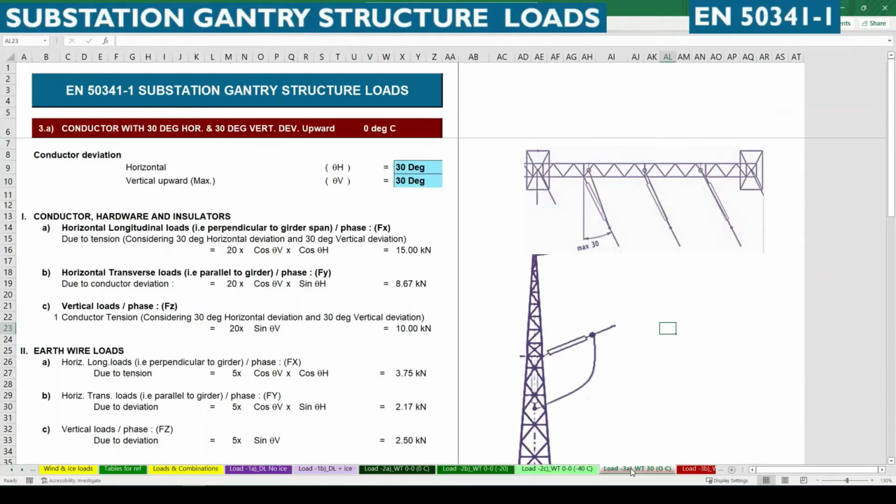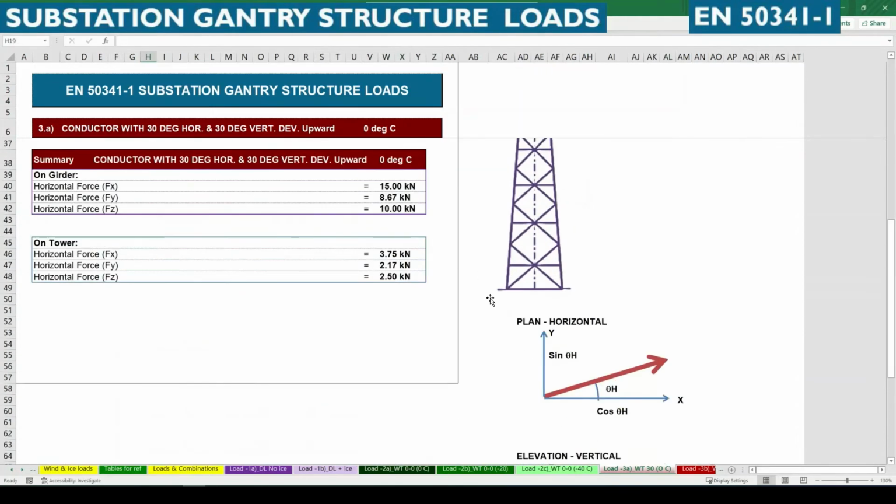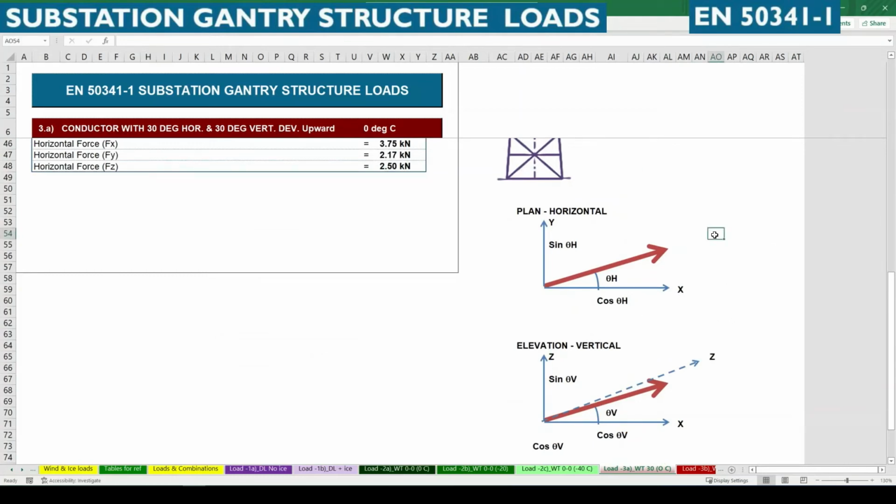But in 3A, 3B, 3C, we are going to see conductor deviation with 0 degree Celsius, minus 20 degree Celsius and 40 degree Celsius. Now we need to understand how cos and sin need to be applied here. In plan view, suppose there is a horizontal deviation on the conductor, say delta h.